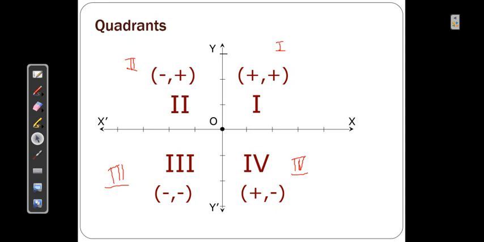This is 0, the origin, 1, 2, 3, and -1, -2, -3, here also -1, -2, and here 1, 2, 3. In the first quadrant, x coordinate is positive and y coordinate is also positive. Here x coordinate is negative and y coordinate is positive. Here both coordinates are negative. Here x coordinate is positive and y coordinate is negative. You can remember these signs.